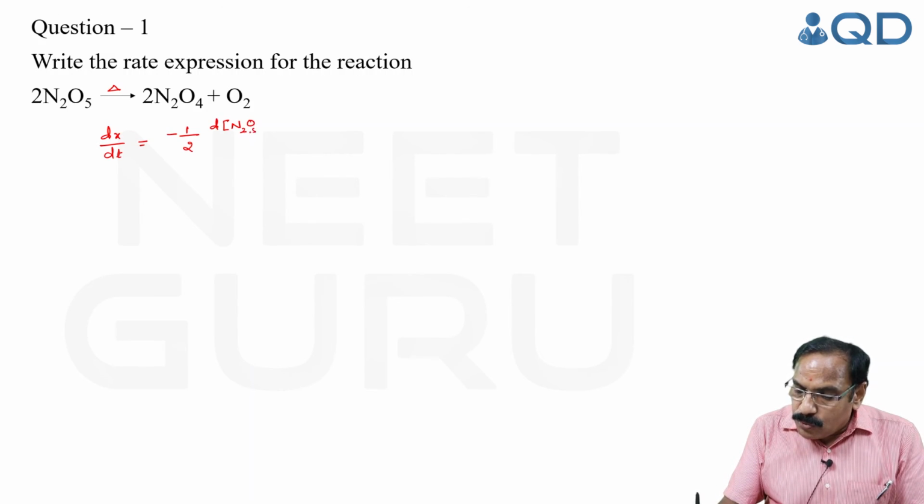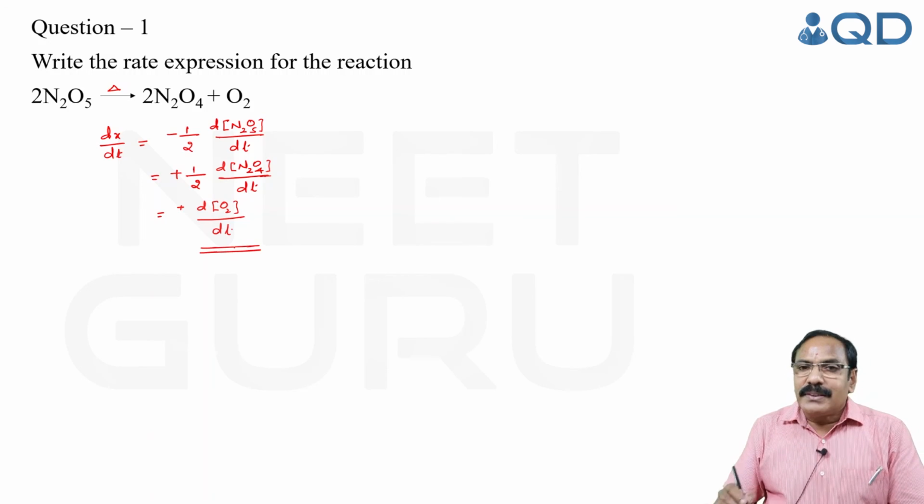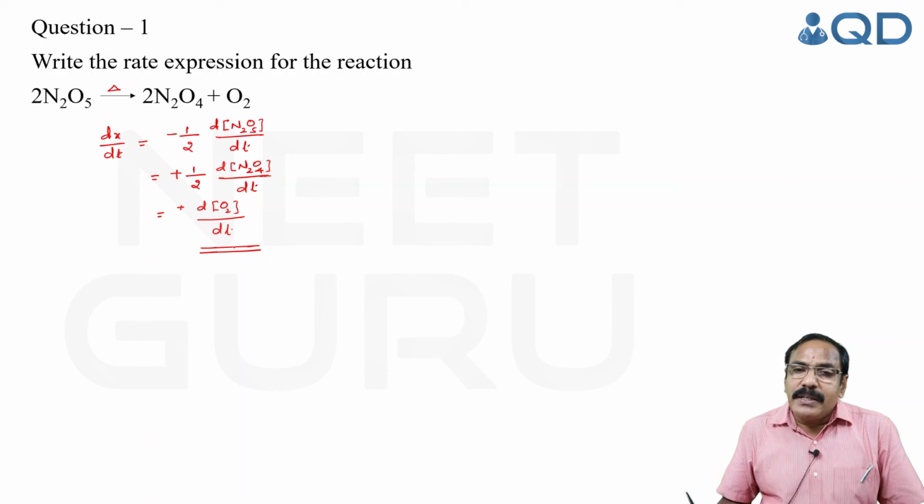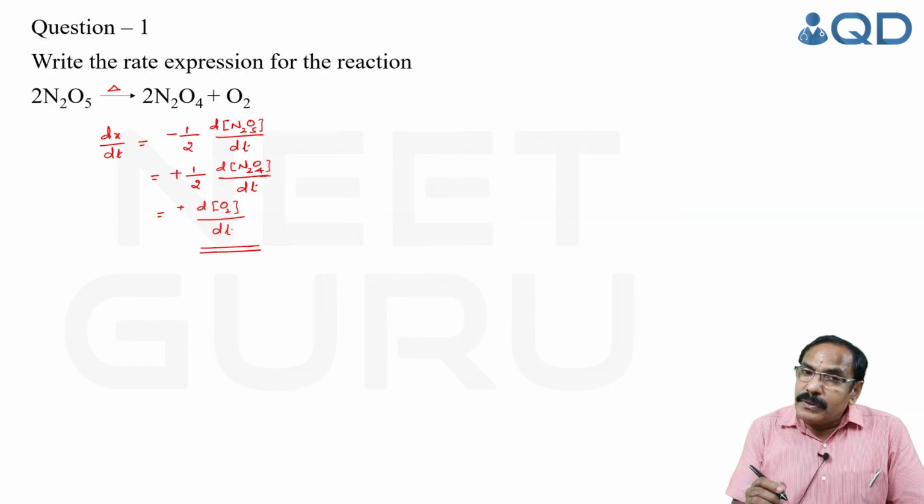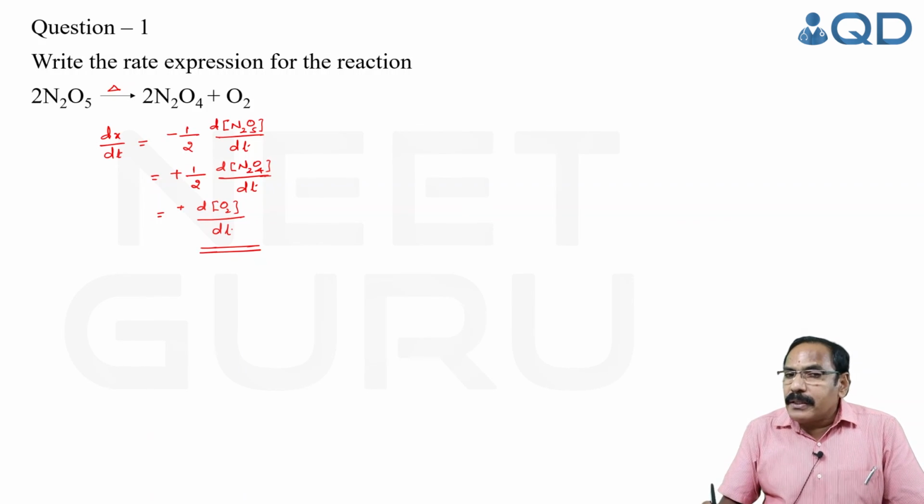So, minus 1 by 2 d[N2O5] by dt, equals, with respect to product, again per mole, 1 by 2 d[N2O4] by dt, or again with respect to oxygen, the product, it is only 1 mole, so d[O2] by dt. This is how we express the rate of a reaction in terms of decreasing concentration of reactant or in terms of increasing concentration of the product.